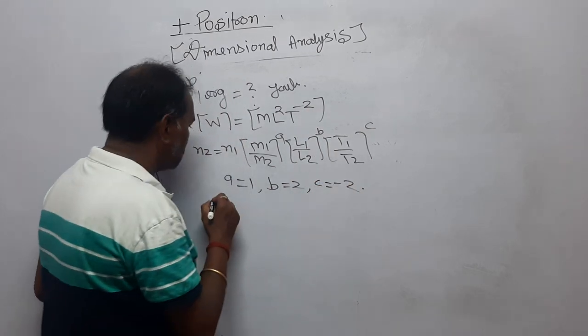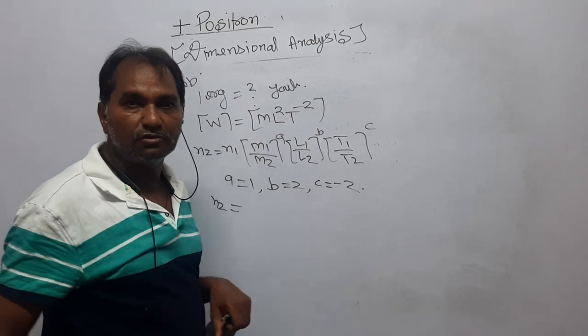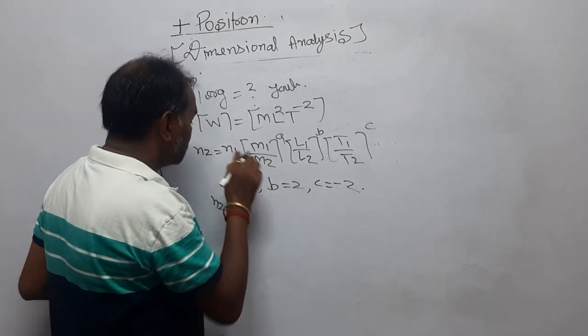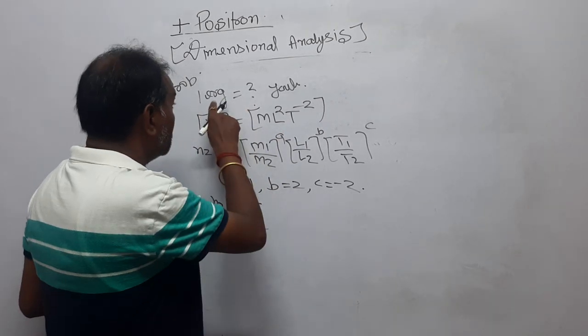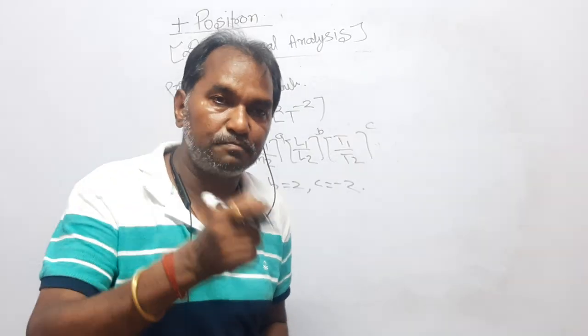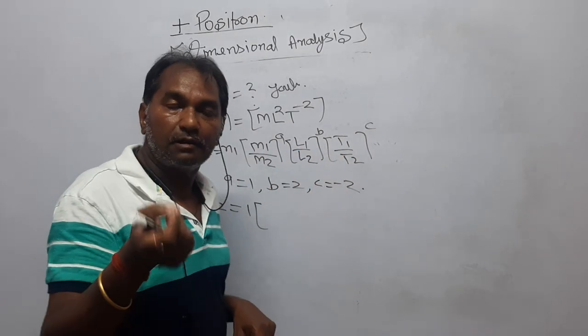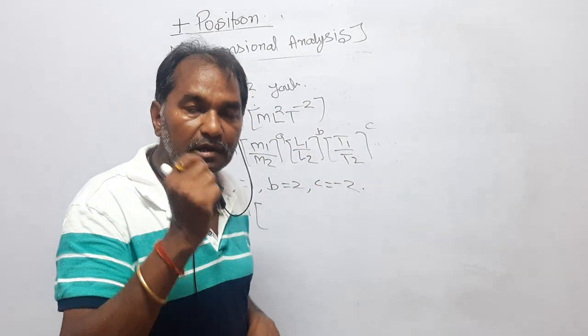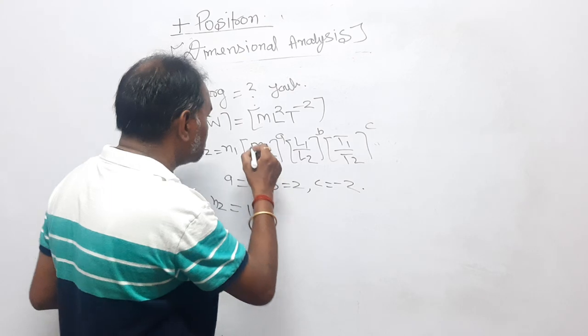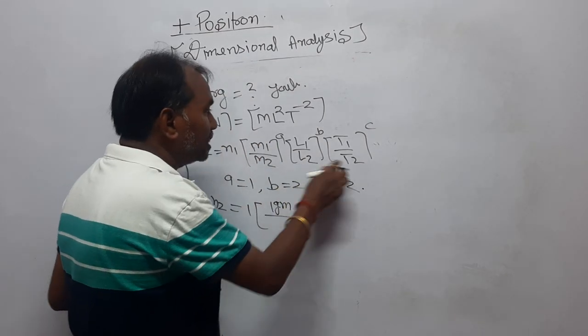Now n2 is equal to... you have to convert 1 erg into joule. This n1 is 1 erg. The first system of unit is expressed in CGS, meaning M1, L1, T1 are expressed in terms of CGS, that is 1 gram divided by M2, L2, T2.